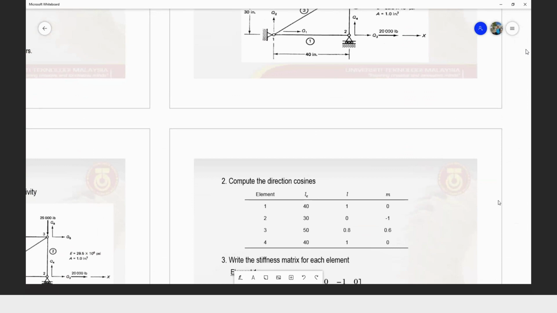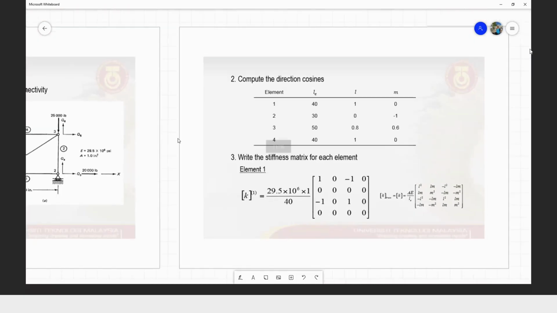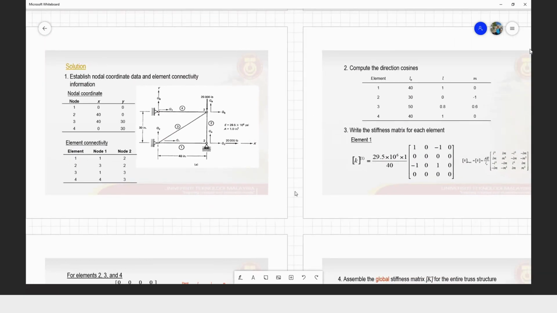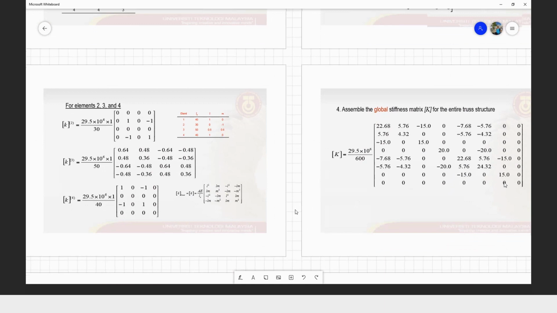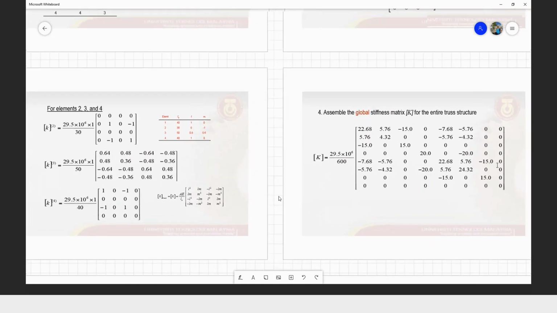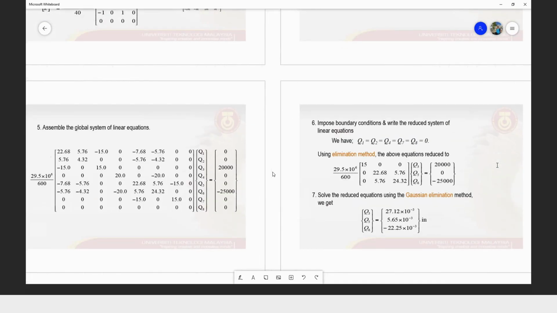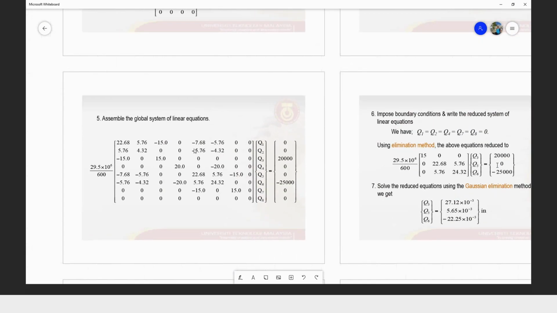In this slide, the way it shows the step-by-step solution is as it is. It explains everything, and you have to generate a very big system of linear equations. Look here, how big is it? 8 by 8, if I'm not mistaken. 2, 4, 6, 8.